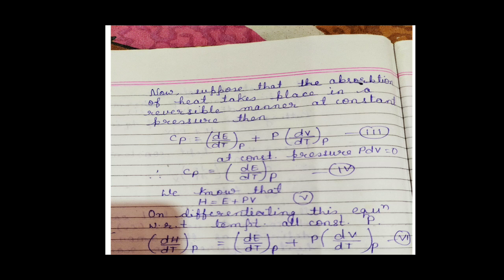Suppose the absorption of heat takes place in a reversible manner at constant pressure, then Cp is equal to dE by dT at constant P plus P times dV by dT at constant P. Since pressure is constant, P into dV must be equal to 0. In these situations, Cp is equal to dE by dT at constant P.